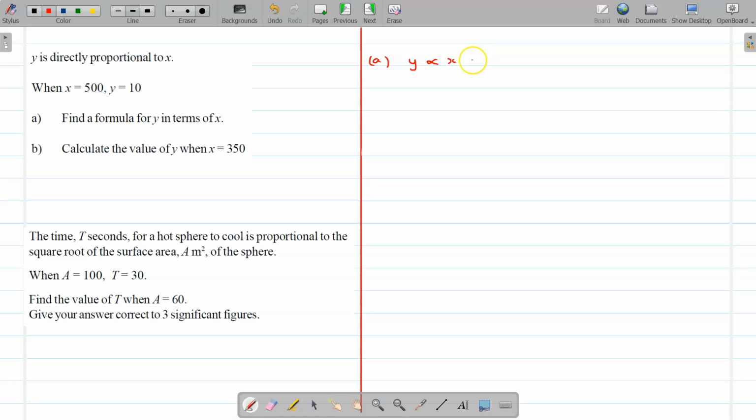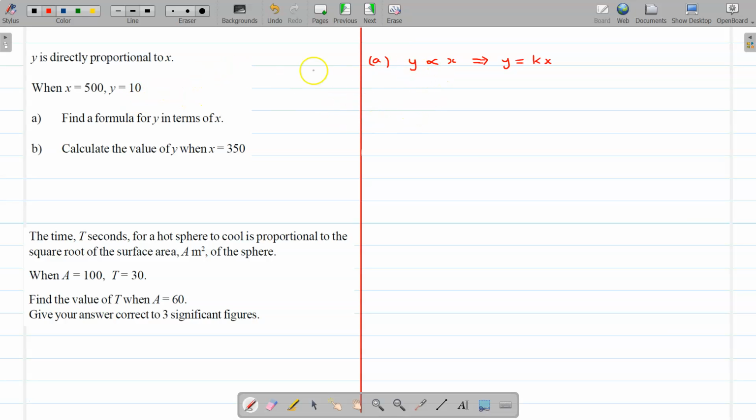So what we do is we turn that into an equation, and we say that y must equal some number k that we've got to find times x. Okay, so we turn it into an equation, and we then use the boundary information to find what k is.